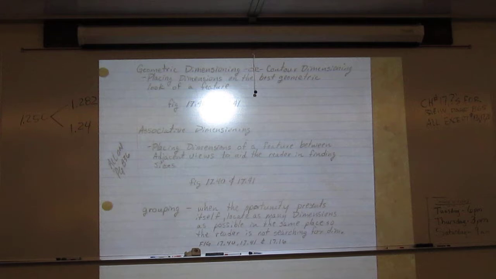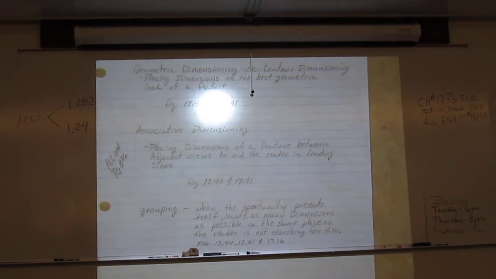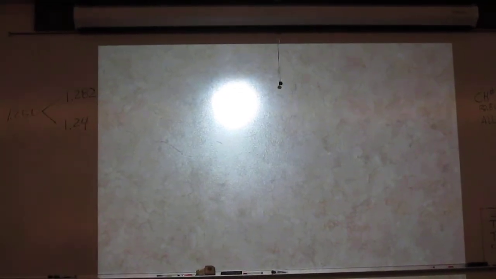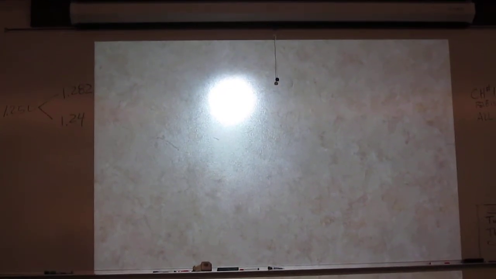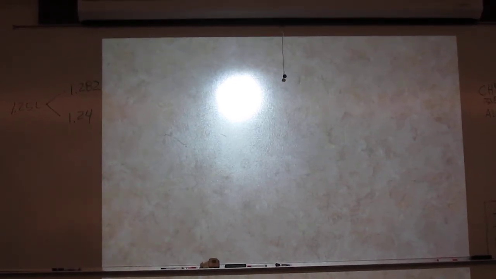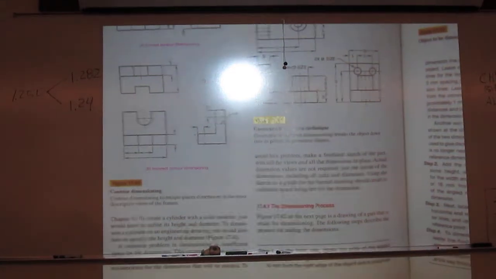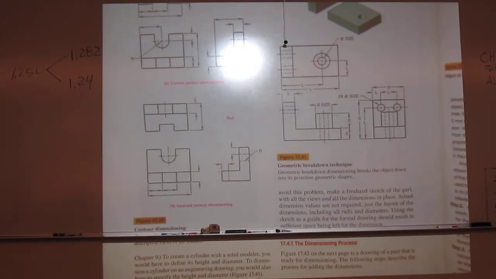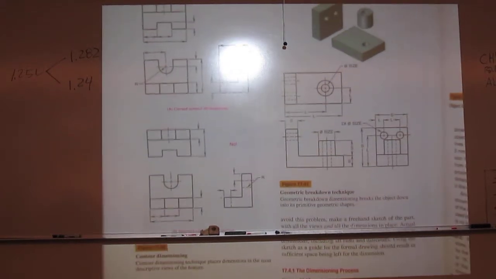How do we do those three? Let me just give you a quick example. Let's go to, I think it's 836. And let's look at an object the author dimensions for you. So we're looking at figures 1740 and 1741.